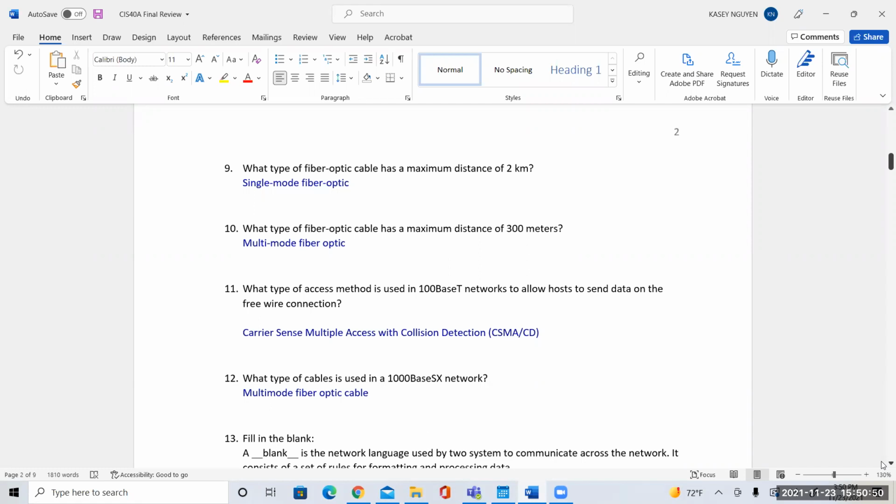And when you see SX, you should know that this is a multi-mode fiber optic cable, where the LX is the single mode. So we want to keep remembering it until it becomes second nature.